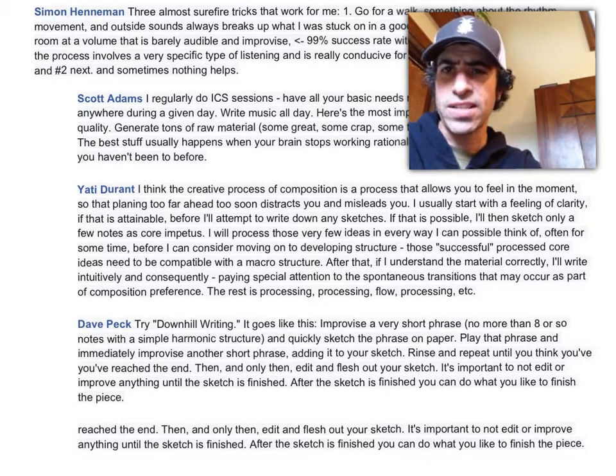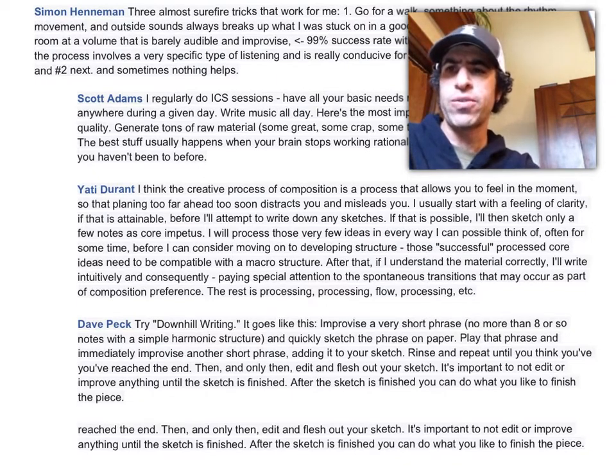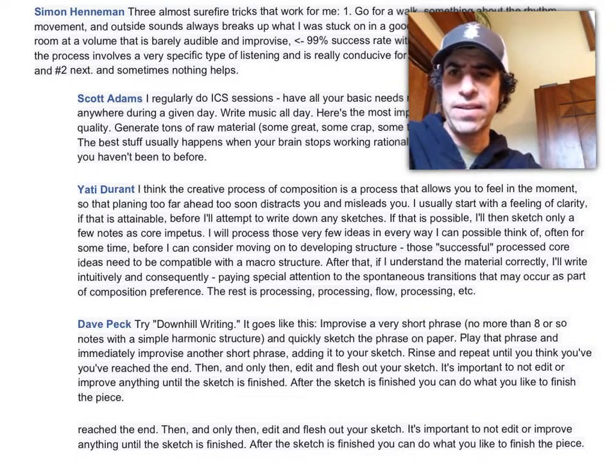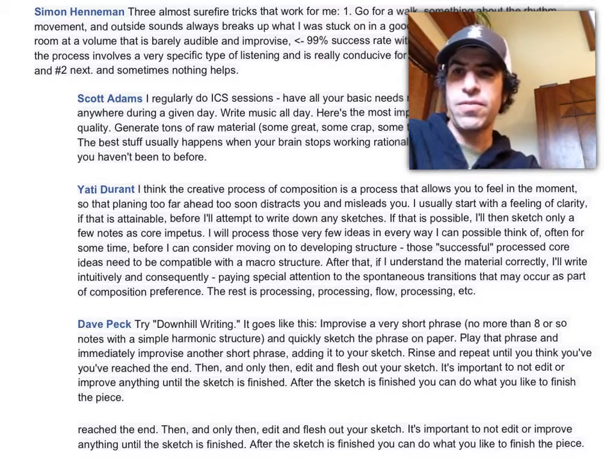Those successfully processed core ideas need to be compatible with a macro structure. After that, if I understand the material correctly, I'll write intuitively and consequently, paying special attention to the spontaneous transitions that may occur as part of a composition preference. The rest is processing and flow, et cetera.